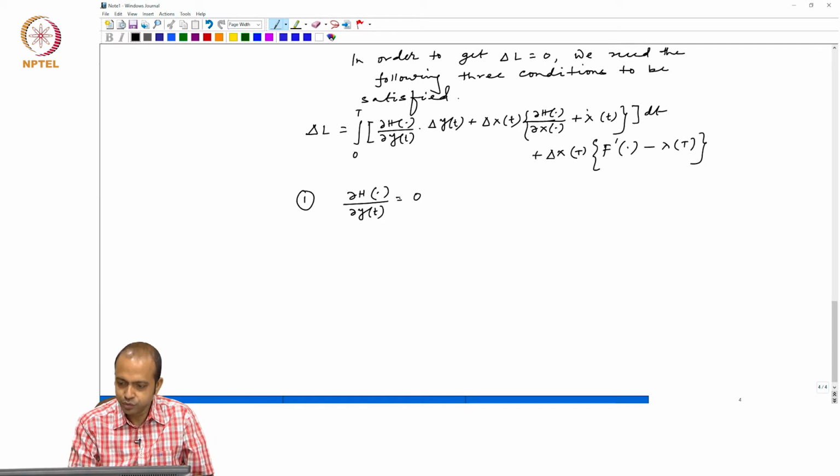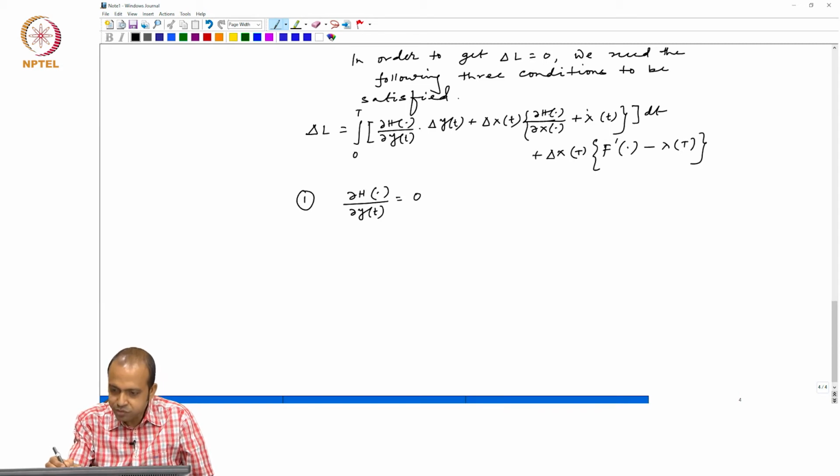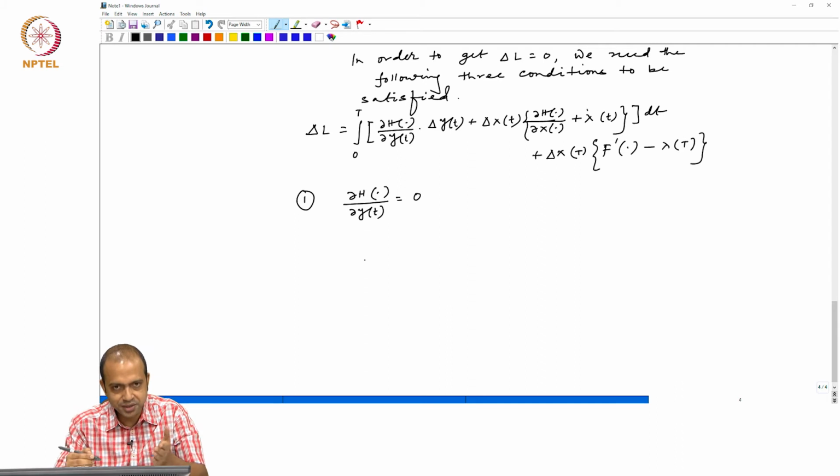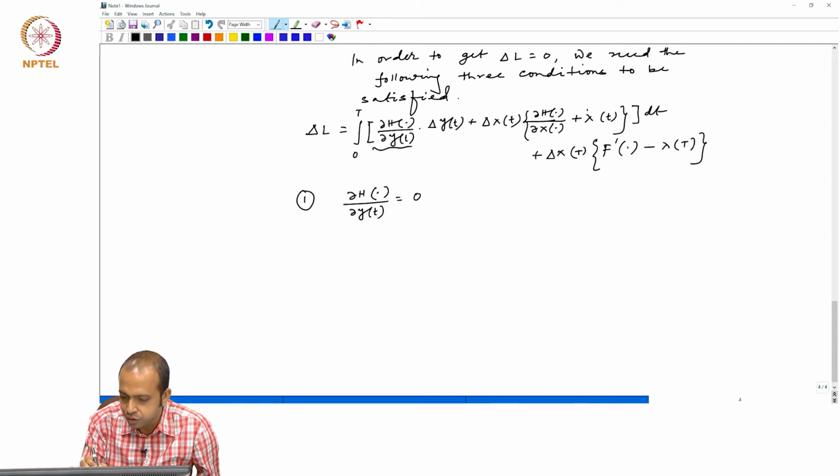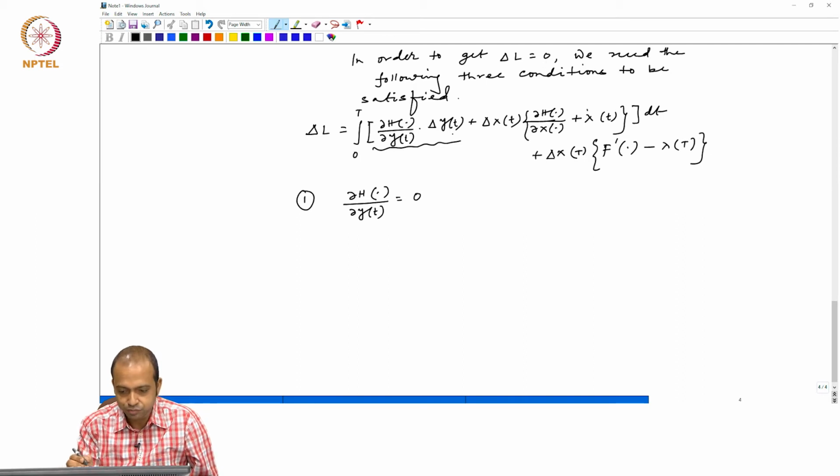This should be 0, and then lambda dot t should be equal to minus of this, because this cannot become 0. This change is basically change in your stock, that cannot become 0. The moment we extract something, stock will also change. So, from the first component this should become 0, because delta yt is not 0.